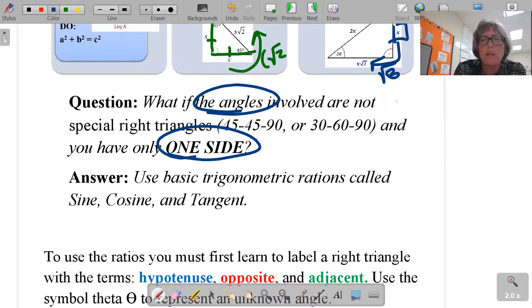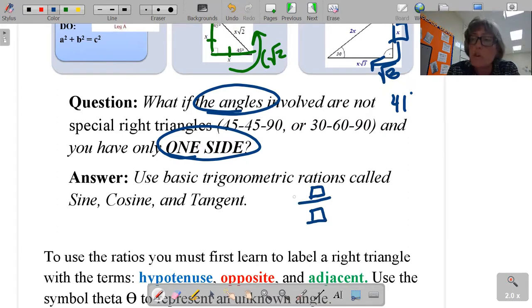Well, what if your angle is 41 degrees? Now what? So this is our most powerful tool you will learn in geometry, by far the most powerful tool. We're doing something called trigonometric ratios. That word ratio, just think fraction, it's no big deal. And those 3 ratios, which are fractions, are called sine, cosine, and tangent.